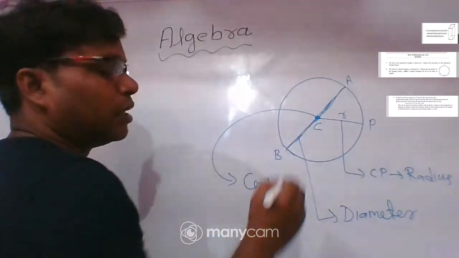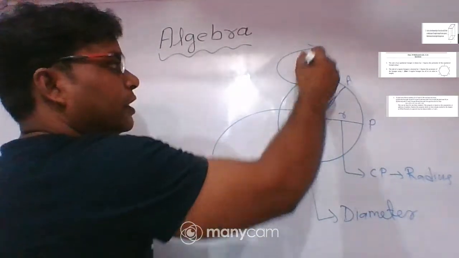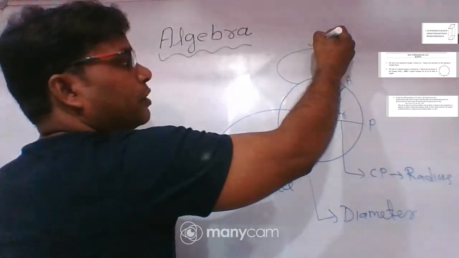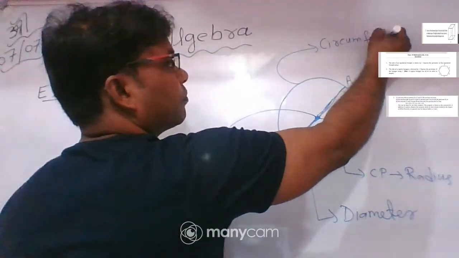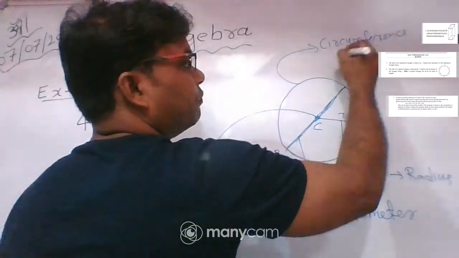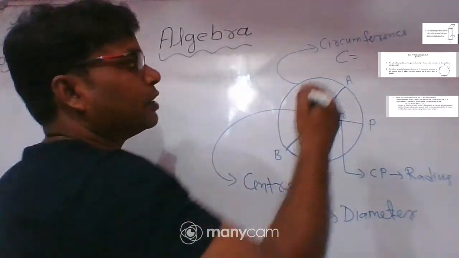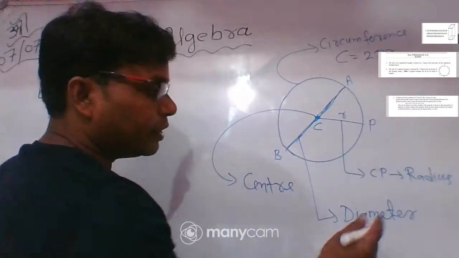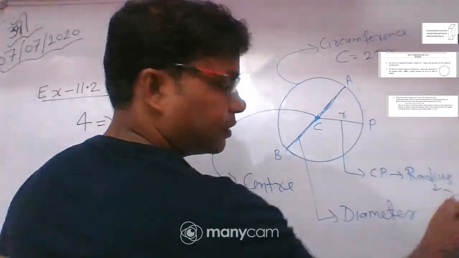So suppose a line, and this is the circumference, the length of the boundary. Friends, we denote it C. C denotes circumference. C is equal to 2 pi r. And this is the radius, we denote it by r.